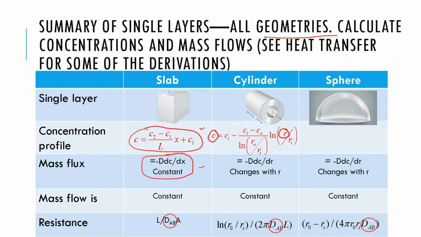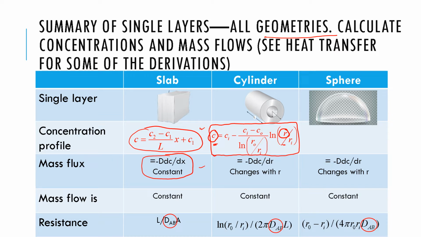We are not going to repeat this process of deriving this formula because we did an identical one in heat transfer, and those interested can look up chapter 4 or the steady state heat transfer chapter for the derivation of this equation. It is literally a substitution of C, concentration, for temperature.